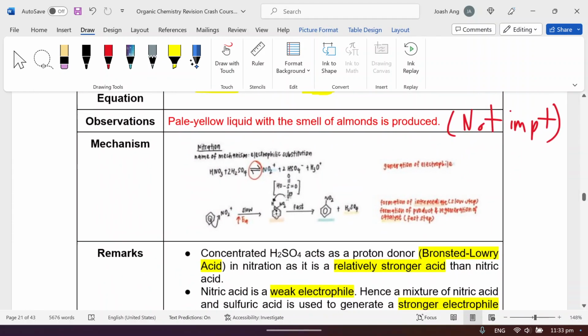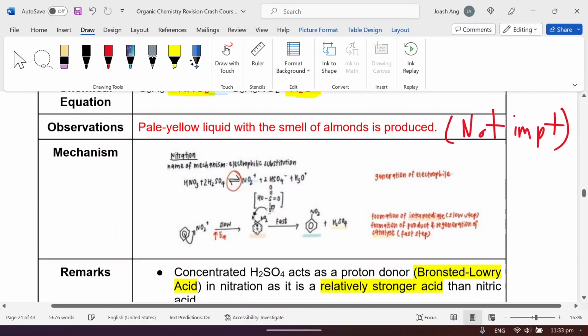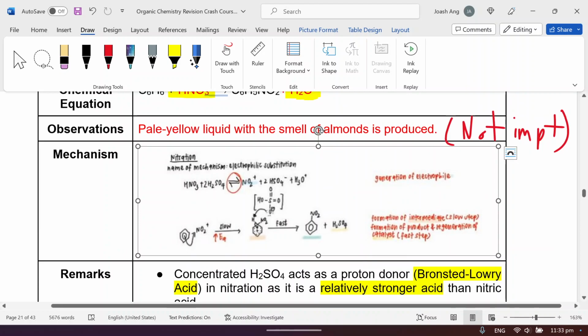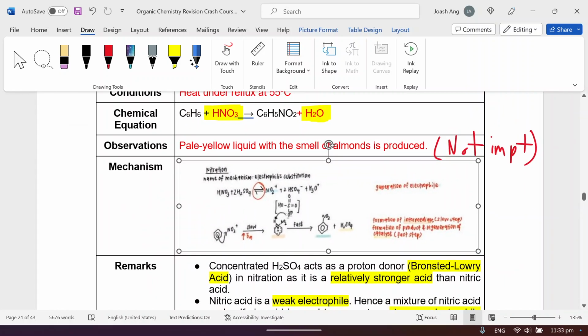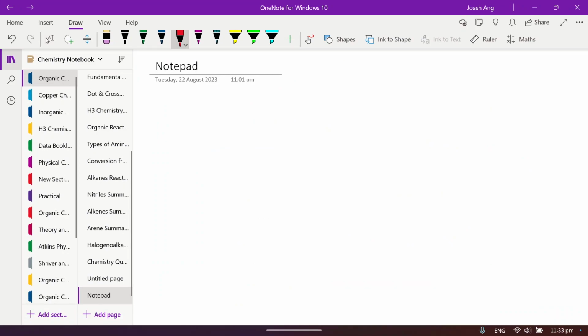So for this, we have the mechanism. As you can see, how the first step works is that H2SO4 is actually a stronger acid compared to nitric acid.